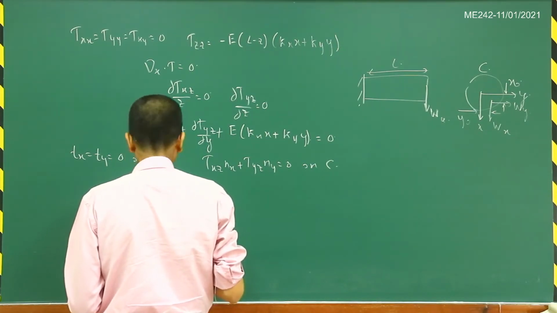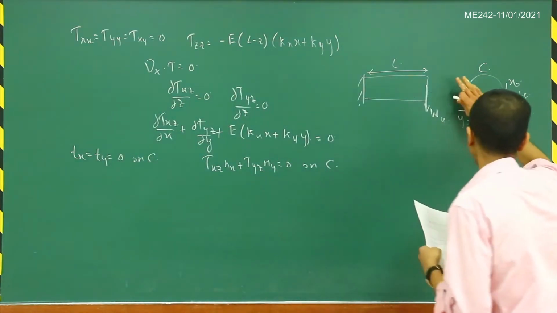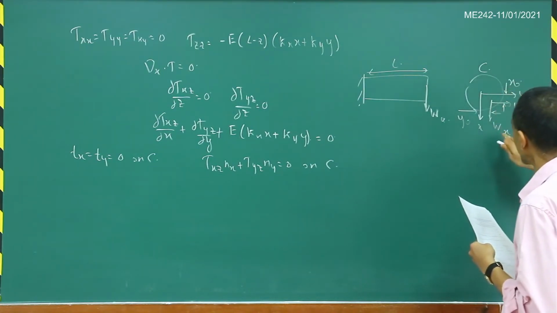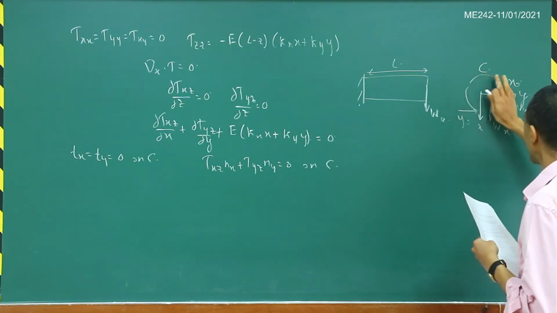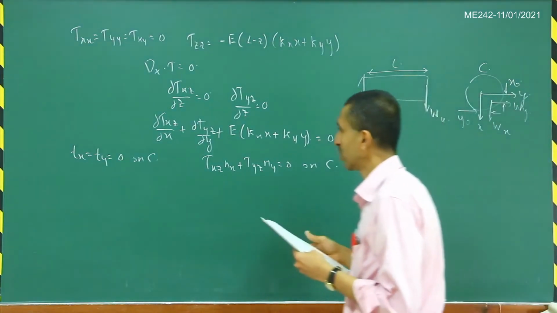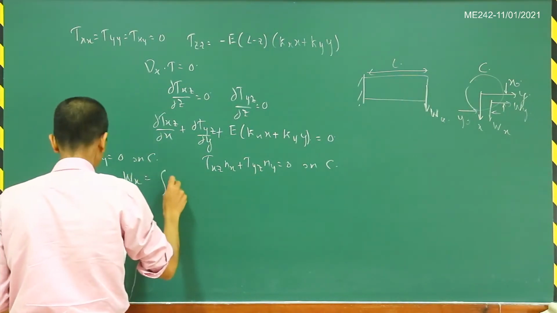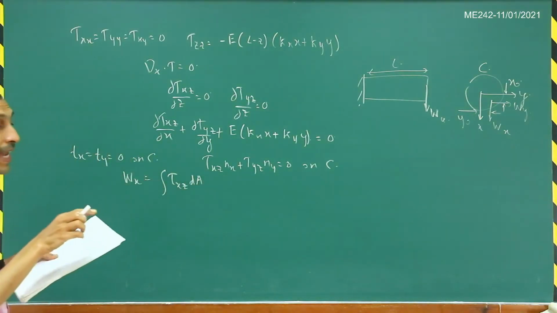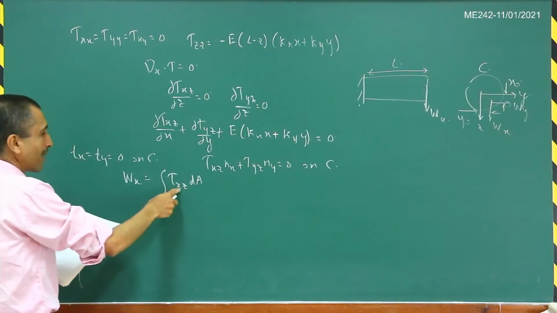Okay, so now let us try to find an expression for this Wx. So remember that there is a traction distribution on this surface here, and the resultant of that traction distribution is this load Wx. Similarly, the traction distribution gives a resultant in the y direction of Wy. So if I now write the expression for Wx, that is equal to integral of Tx dA on that particular surface, and Tx on that surface is tau xz.